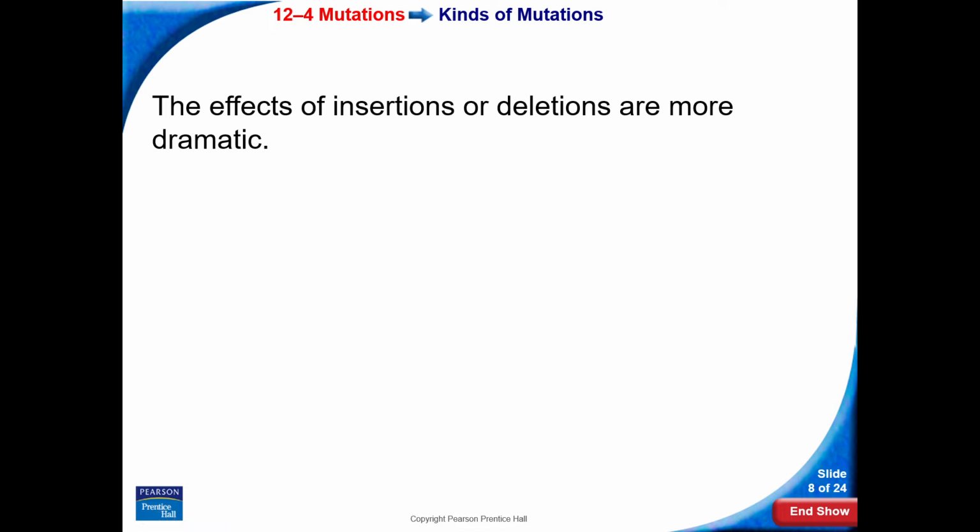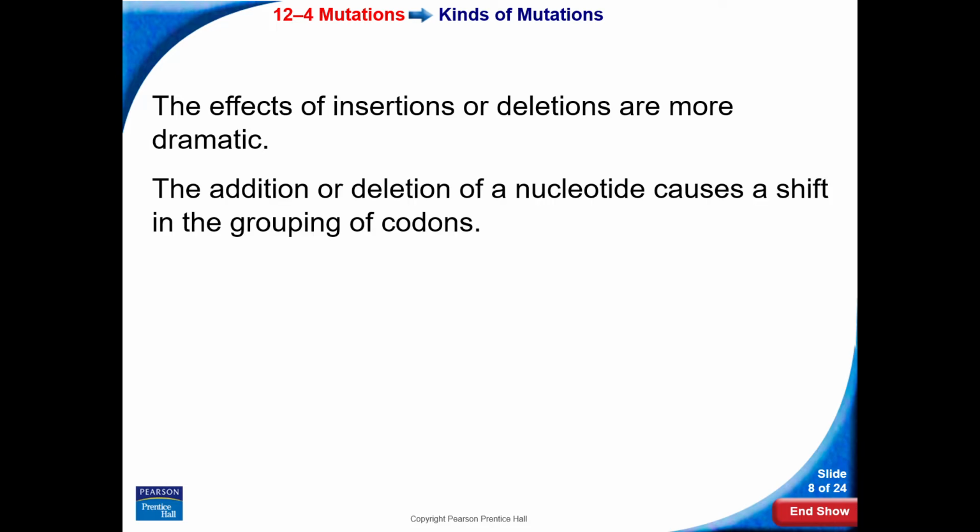The effects of insertions and deletions are going to be absolutely more dramatic, and the reason for that is it's going to change more than just one triplet of information. Once you add something to a sequence or you delete something from a sequence, you're going to change everything from that point on, and that means every amino acid could be changed.